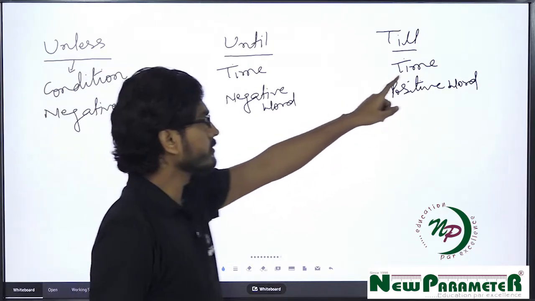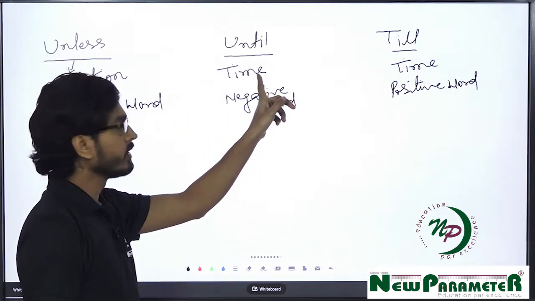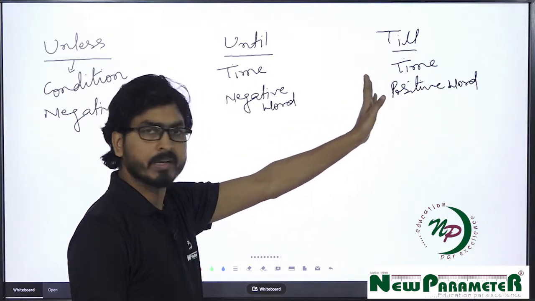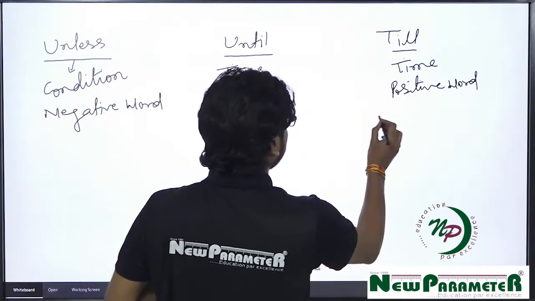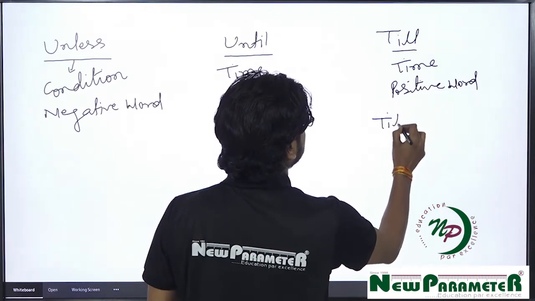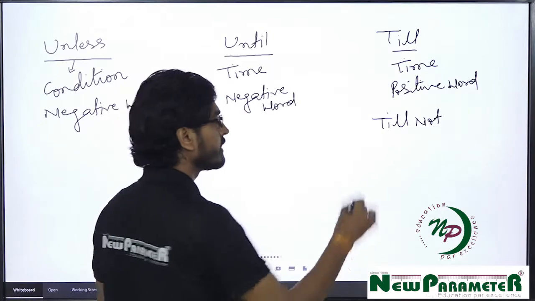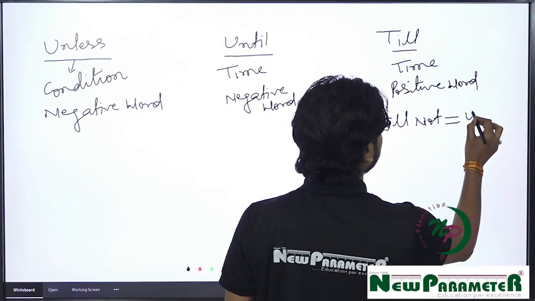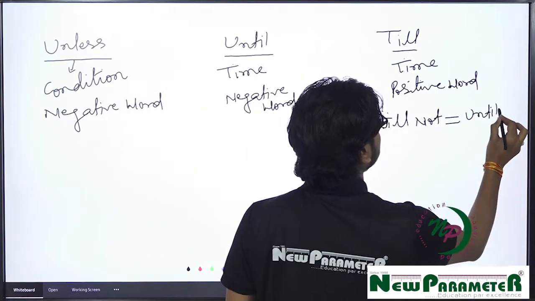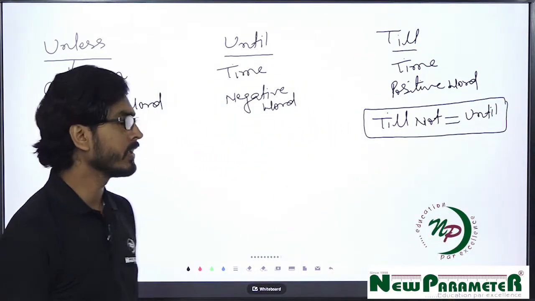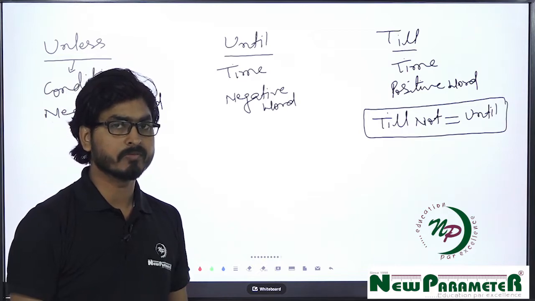See, this is also used for time. This is also for time. This is a negative word. This is a positive word. If I have to use it in negative, I must write here "till not". And "till not" is just equal to "until". We can see. If you want to use "until", it's fine. If you want to use "till not", again it's fine.